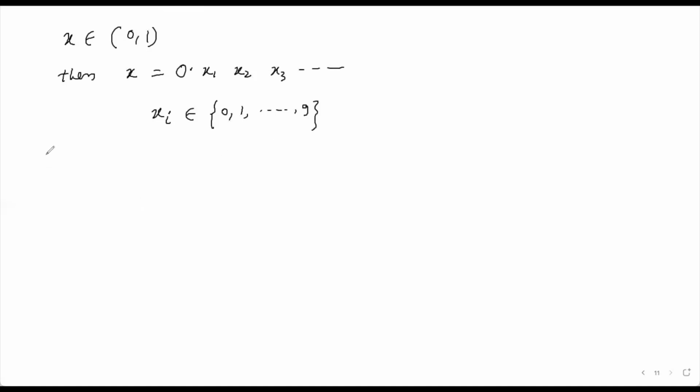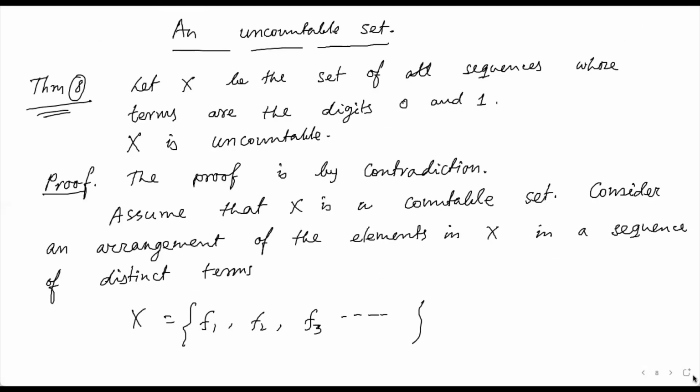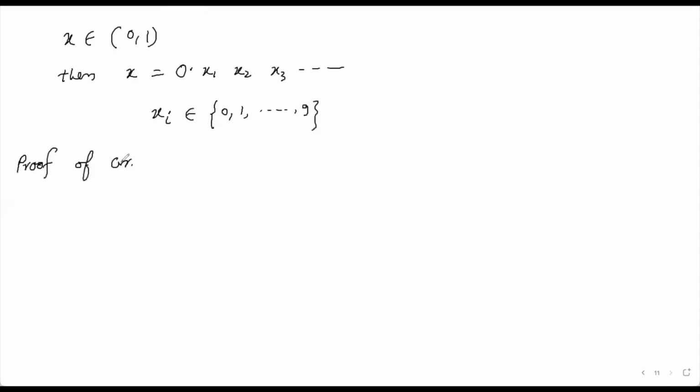So here is the proof. Proof of corollary, which we may label by 9. Proof of corollary 9.